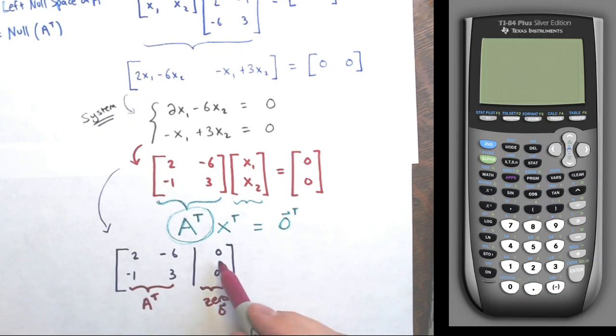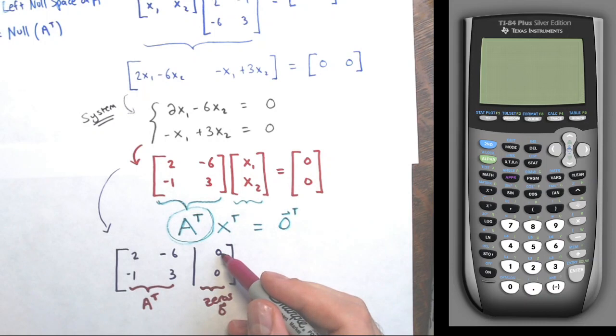I'll write the zeros on the next example, but after that I won't, because we're going to be performing row operations and putting these in reduced row echelon form. When you do row operations, a column of zeros stays a column of zeros, so I'm going to imagine that they're there in future examples.